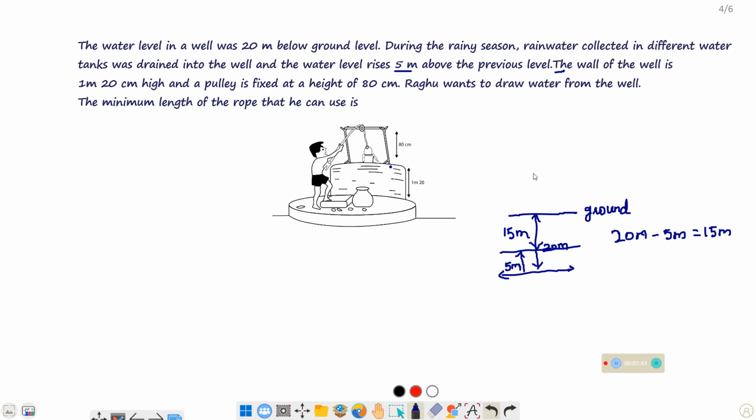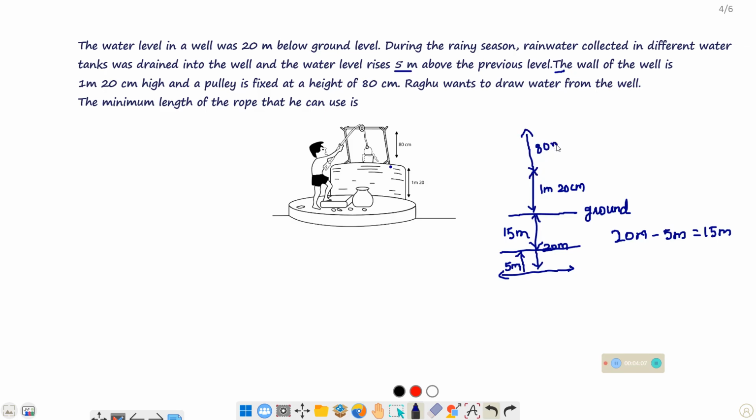So the wall of the well is 1 meter 20 centimeters. Now the pulley is fixed at a height of 80 centimeters. If you can see, it is 80 centimeters. That means from here it is 80 centimeters.